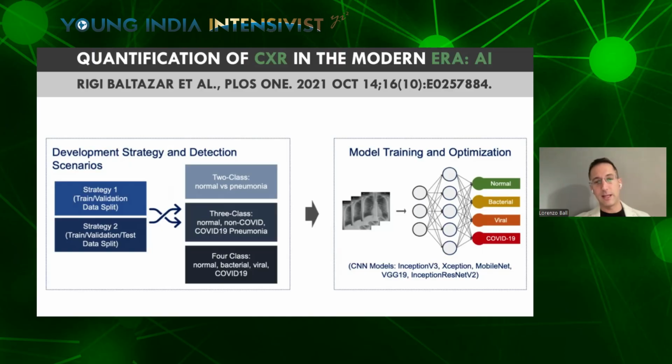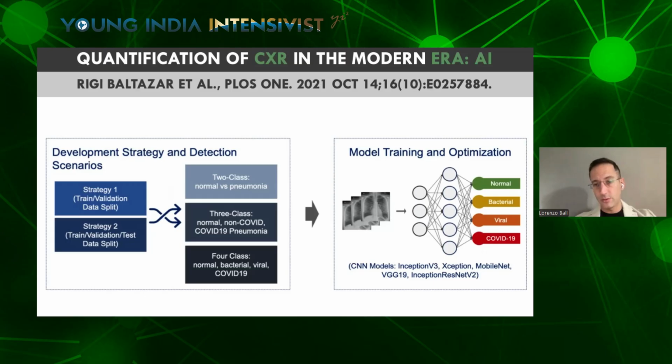There are attempts of building large data sets containing lots of chest X-rays to understand whether training neural networks and artificial intelligence will be able to discriminate between a normal scan, a scan with a suspected bacterial infection versus a suspected viral infection, or a suspected specific pathogen. In this case, again, it was COVID-19, because much of the literature we had in the last years concerning lung imaging came from ARDS related to COVID-19.